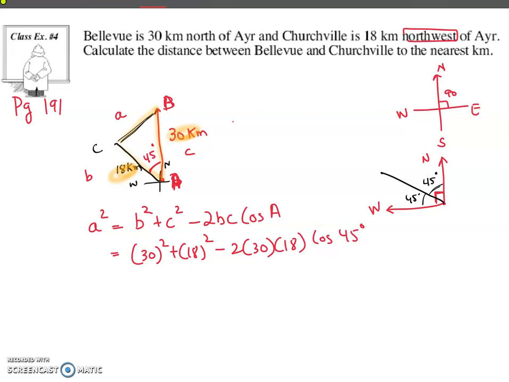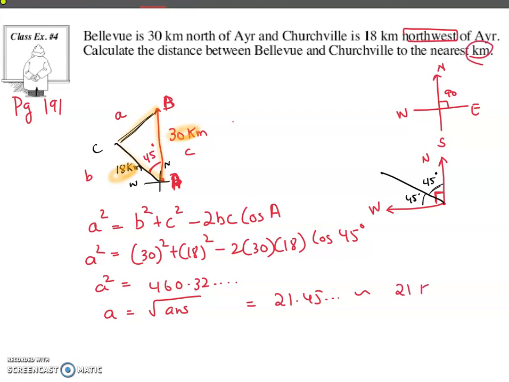So when you input all of this in your calculator, you should get an answer which is somewhat like 460.32 something something, or you can just keep this number as it is and then do a square root of this answer in your calculator right away, and it will give you 21.45, which when you round it to the nearest kilometer gives you 21 kilometers.